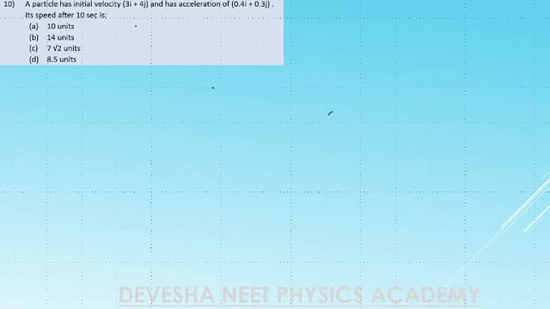So in this case, what is given to us is that it has an initial velocity of 3i plus 4j. So what does 3i plus 4j mean? This is 3i in the x direction, and the y direction is 4j. So the magnitude of this is 4 and the magnitude of this is 3. You can visualize it like this, if you know coordinate geometry.